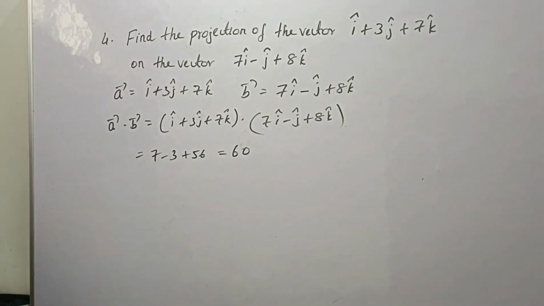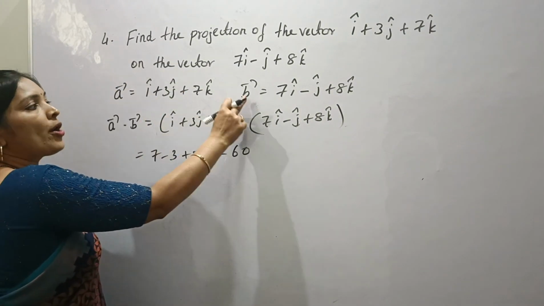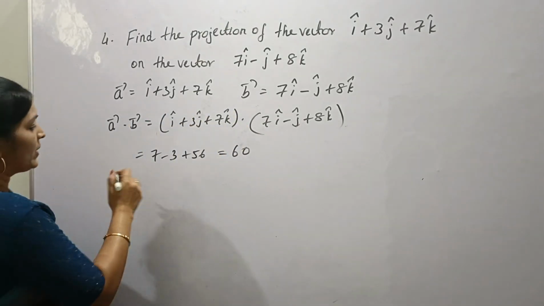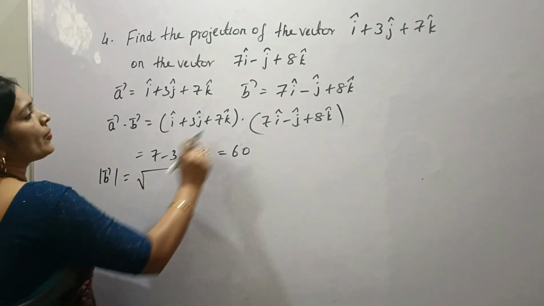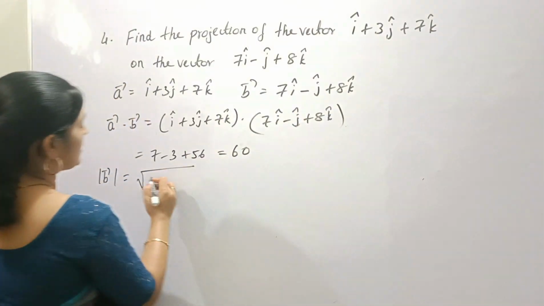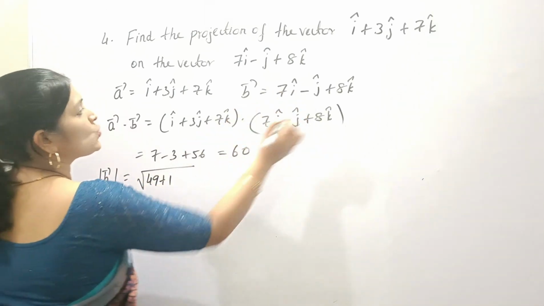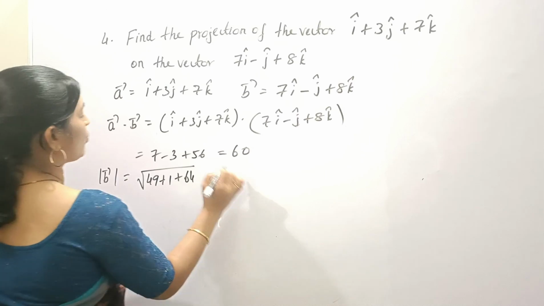Next, we have to find the projection of the vector A on vector B, so we need to find modulus of vector B. Modulus of vector B is equal to square root of 7 square, 49, plus minus 1 square, 1, plus 8 square, 64.